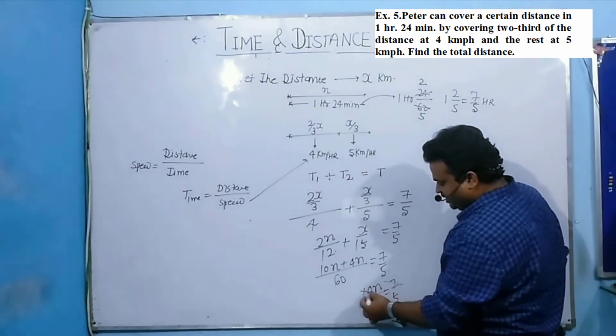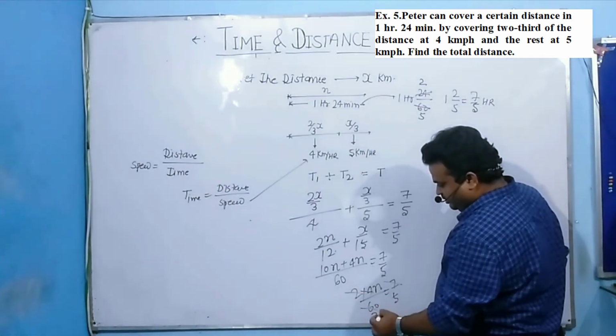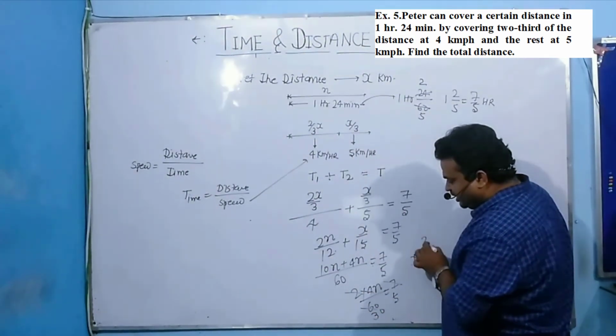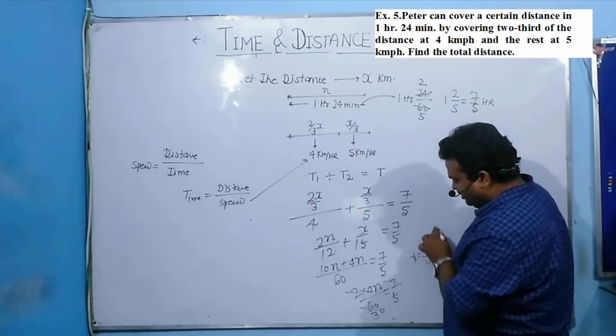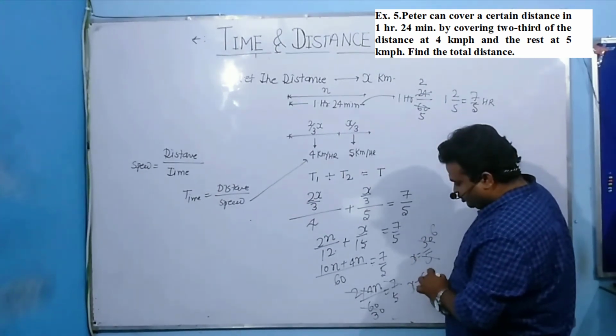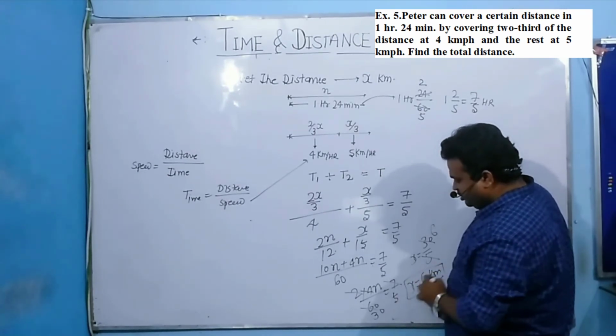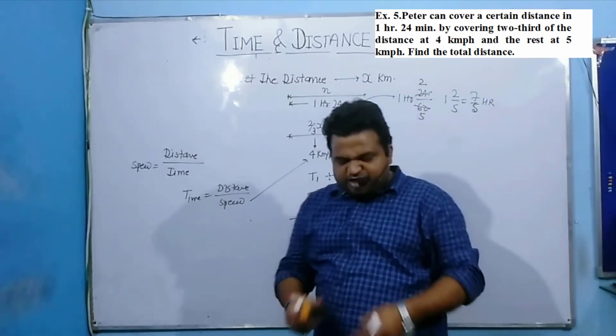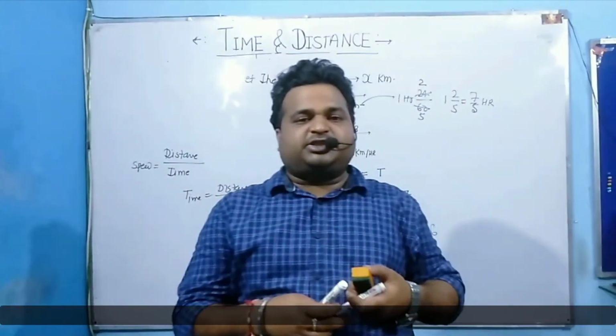So 7 twos are 14, 30 by 5, so x is equal to 6. So this is in kilometer. So the total distance which Peter covered is equal to 6 km.